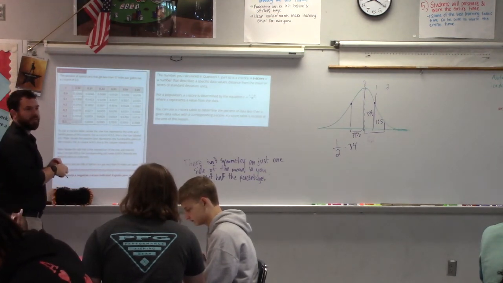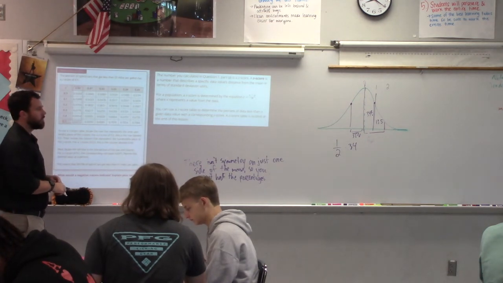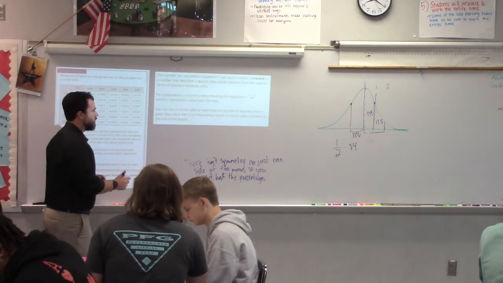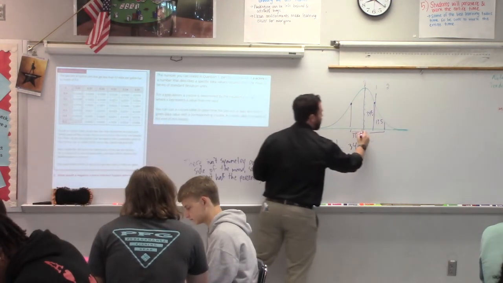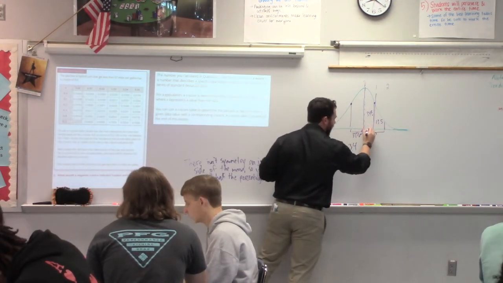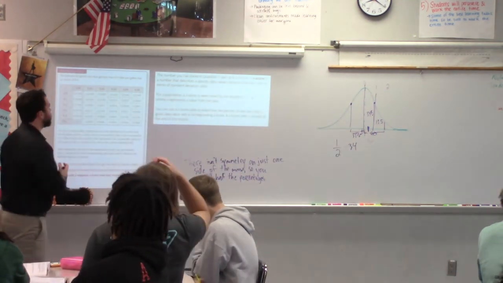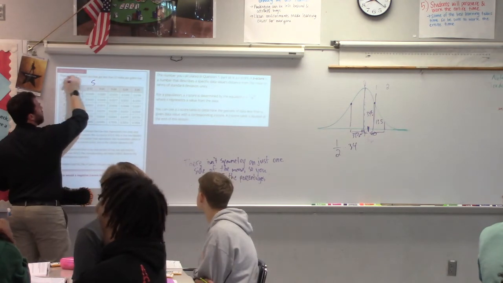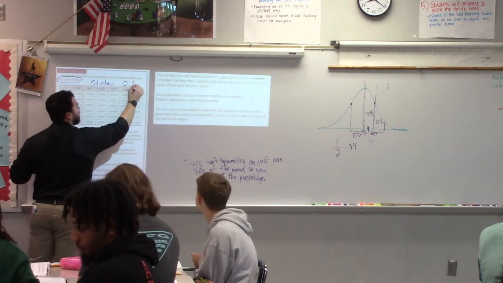Didn't we say it was 0.5, because it was halfway? Here was 54, here was 60, it was halfway in between. So the number of standard deviations was 0.5.